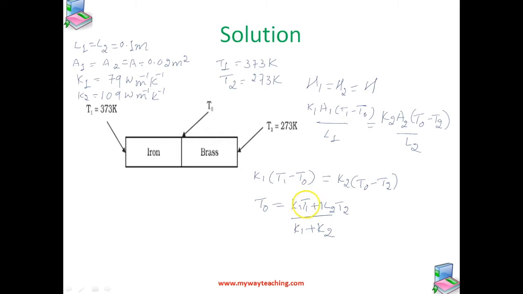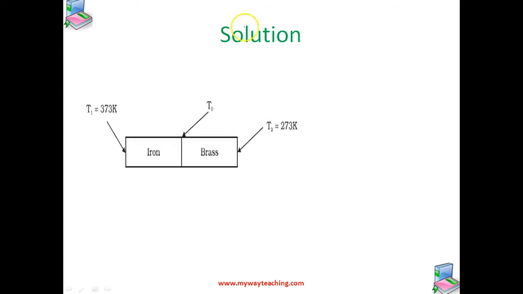Using this equation, the heat current H through either bar is equal to K1 A (T1 minus T0) by L, that is K2 A (T0 minus T2) by L.